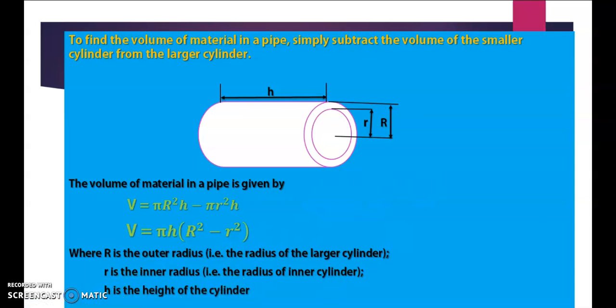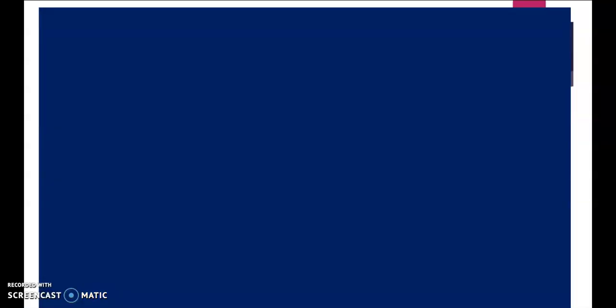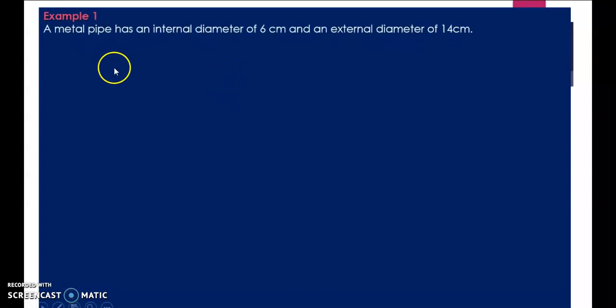Now let's quickly take an example on how to apply this formula in solving problems. Example 1. A metal pipe has an internal diameter of 6 cm and an external diameter of 14 cm. Calculate A, the volume of the metal in a pipe of length 4 meters.